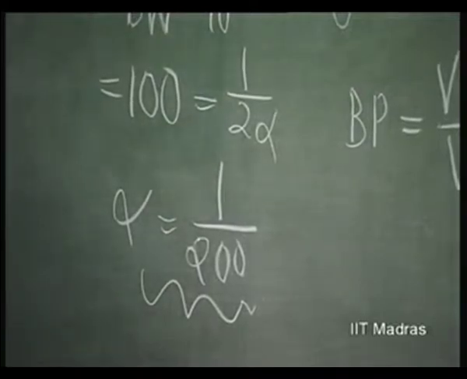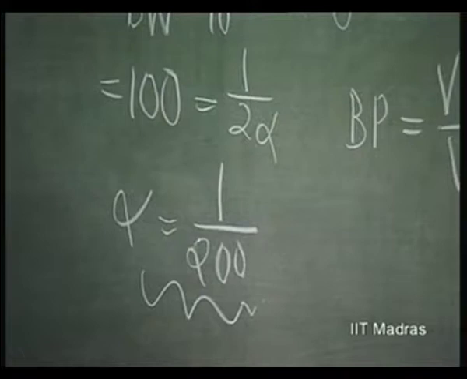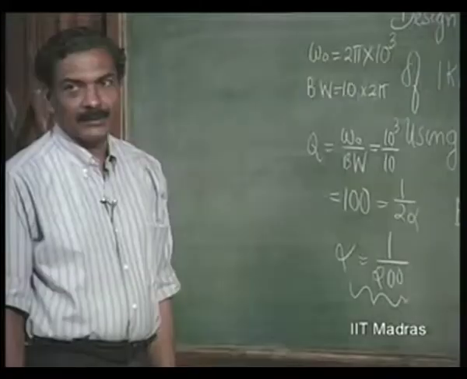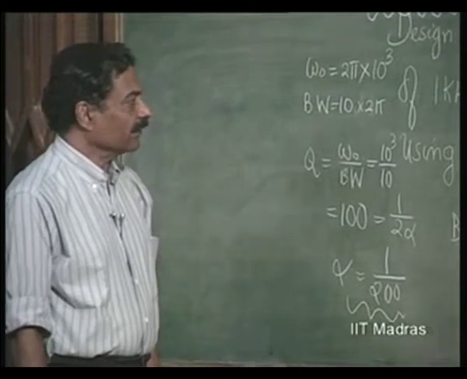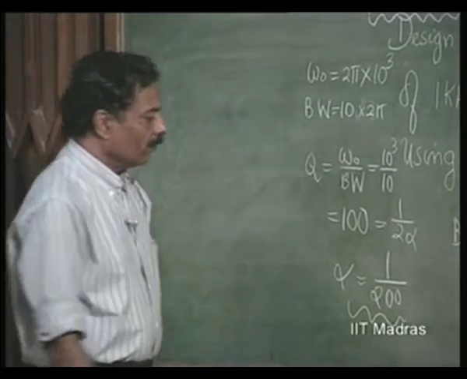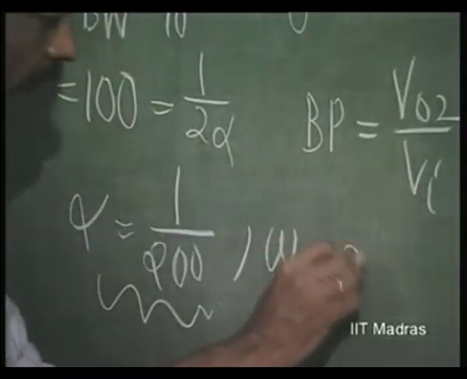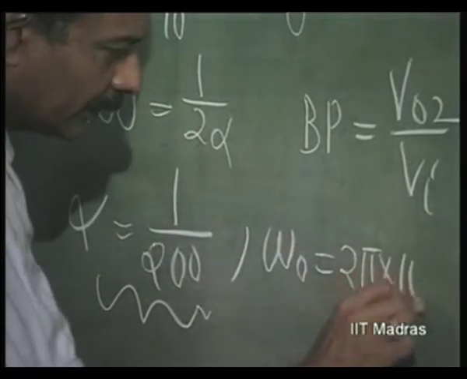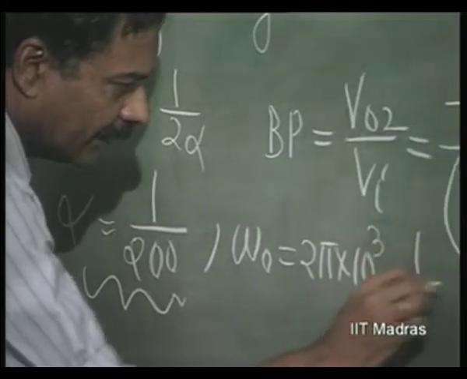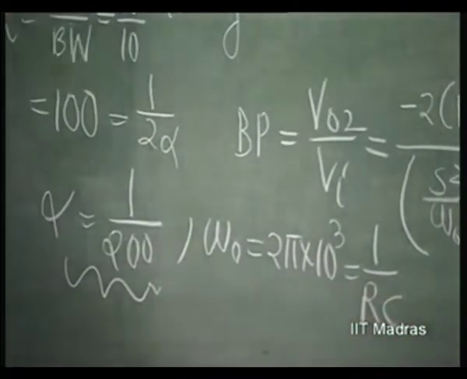That will facilitate the design of the resistances: alpha R as R over 200 and another resistance as 199 by 200 into R. These are the resistance values. So, omega naught is equal to 2 pi into 10 to the power 3, which is given. That should be made equal to 1 over RC.